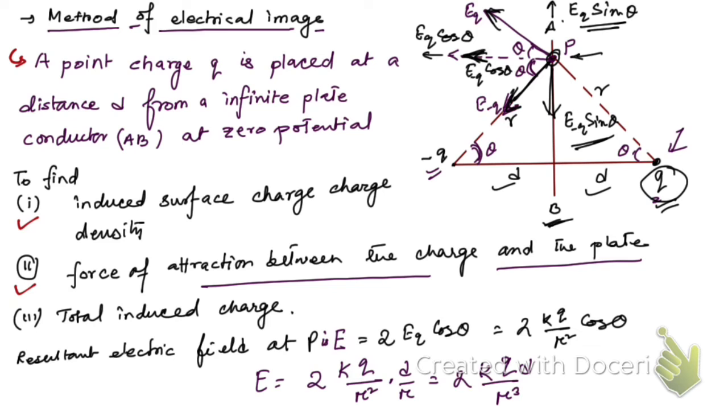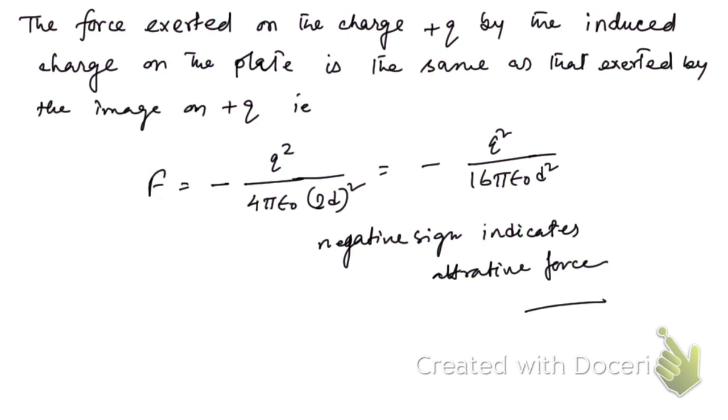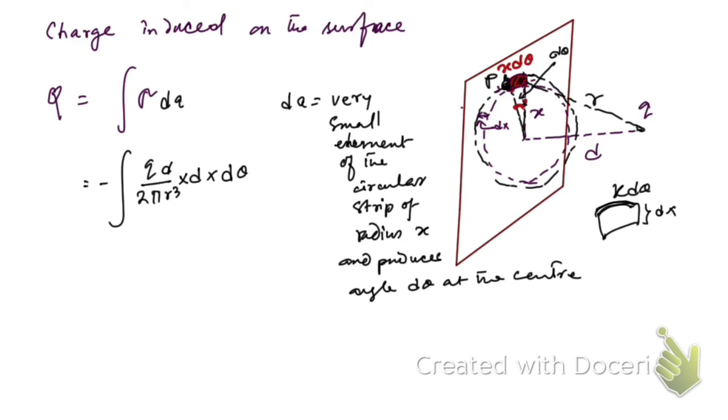So r square is equal to x square plus d square, so r is x square plus d square whole to the power half. That's why r cube is going to have power 3 by 2. Hope you have understood this.